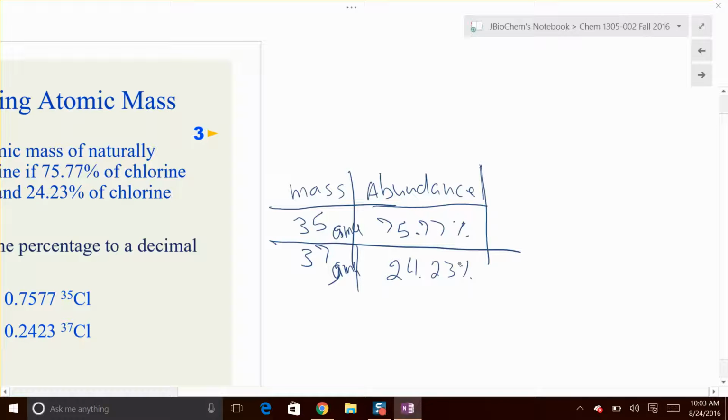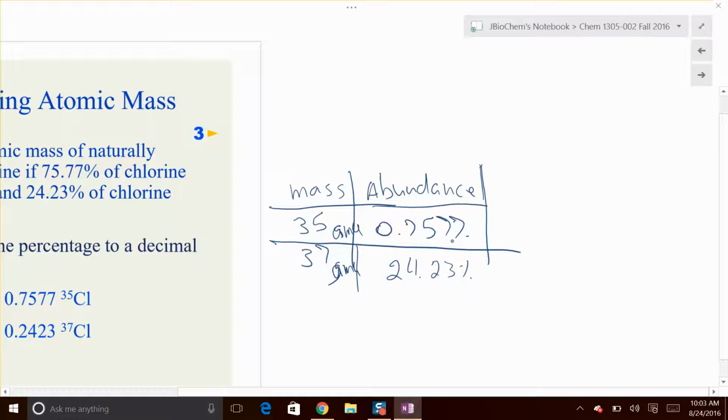So I have to divide it by 100 to get it back to its decimal. Divide it by 100, and that's going to move the decimal place 2 places. So it's going to be 0.7577.